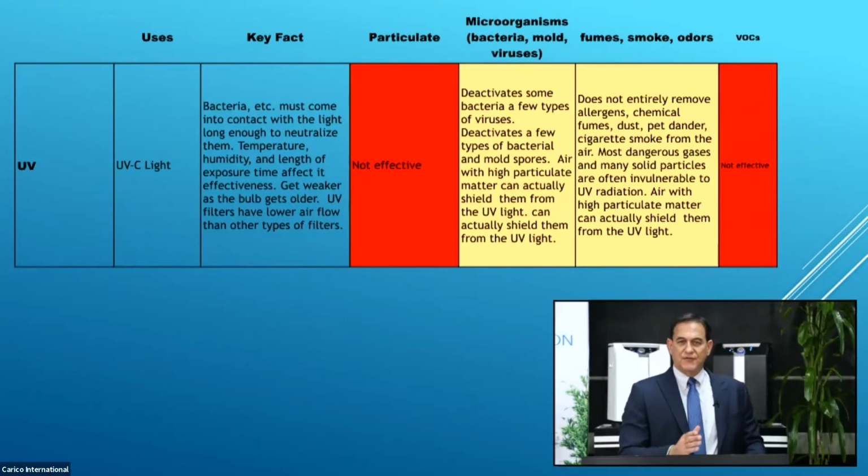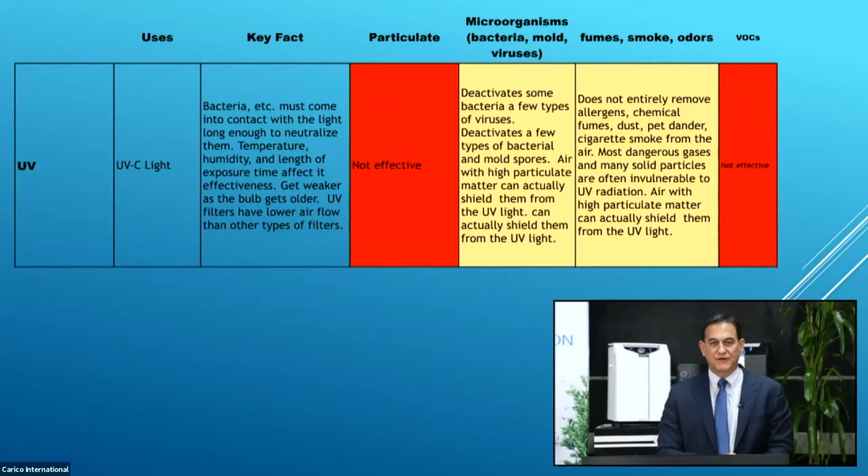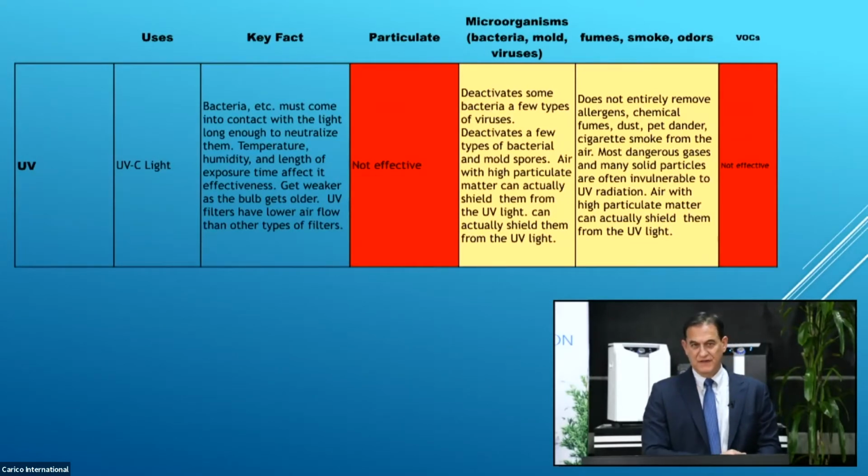There's a couple things that affect how well they work. First of all, the faster the bacteria or virus moves past the light, the less they kill. So in general, when you see a filter that has UV, the airflow is going to be very slow, much, much slower than what we offer. So it doesn't clean as much air as fast as we do.